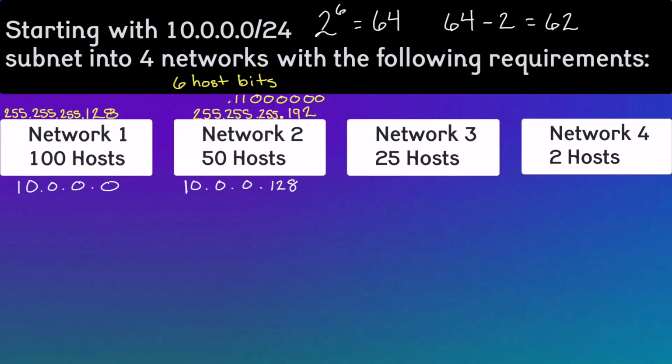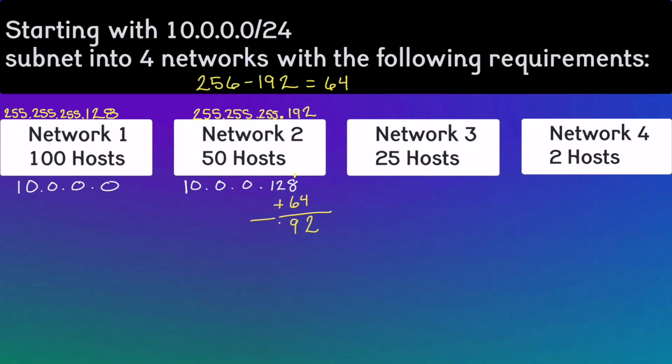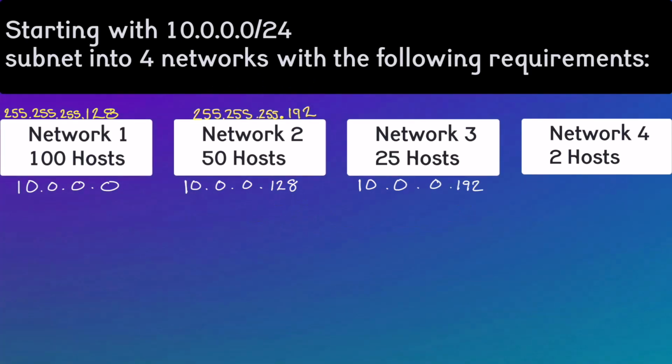We can calculate our block size. 256 minus 192 is 64. With a block size of 64, we add that to our interesting octet up here at 10.0.0.128. When you add 64 to 128, you end up with 192. So subnet 3's network ID is 10.0.0.192.